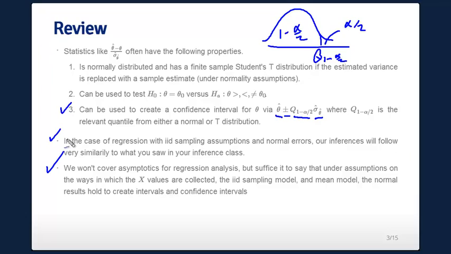Suffice it to say, under relatively broad settings, asymptotic normality will also help you, and there you don't actually need normality of the errors. You just need the sampling assumption that they're IID, and some assumptions about how x is going to infinity. Those two things will give you all the asymptotics you need. And when we switch over to generalized linear models, that's what we'll take advantage of. But we're not going to cover that because it's a bit advanced.